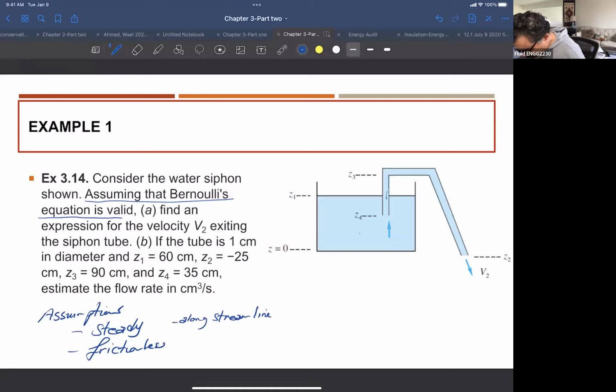What else? I forgot the last one. Incompressible, of course, right? So all these assumptions.